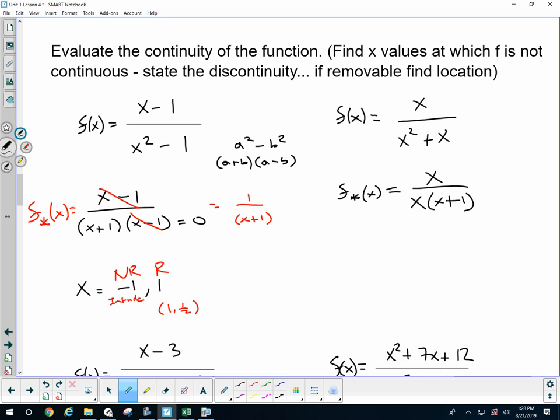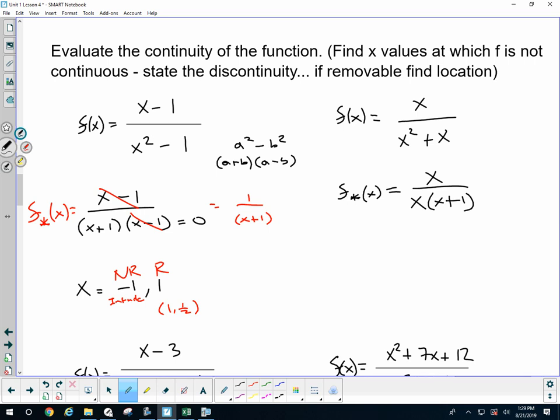Okay, when does your denominator equal 0? Before simplify. Yep. And this is where your hole's at. But what's that coordinate? x equals... -1 will make this 0. 0 will make this 0.